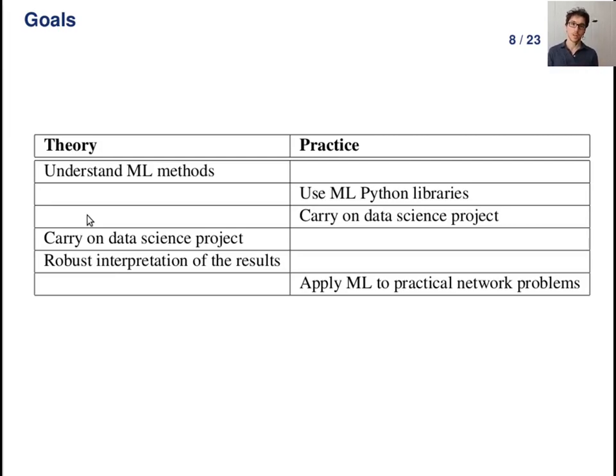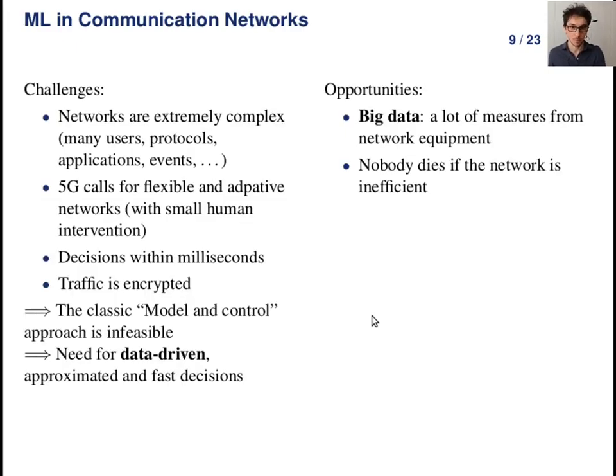It's up to you to try many things. Where you have to be careful is in the interpretation of the results. So here we will pay a lot of attention to having a robust interpretation of the results, because otherwise you risk giving the wrong interpretation. And finally, you will be able to apply machine learning to practical network problems in particular, but the skills you will develop will be useful in any data science problem.